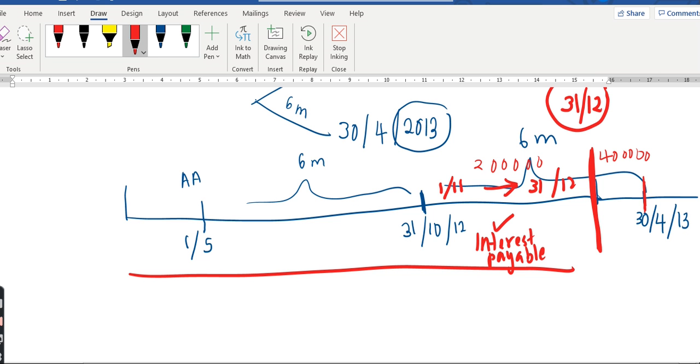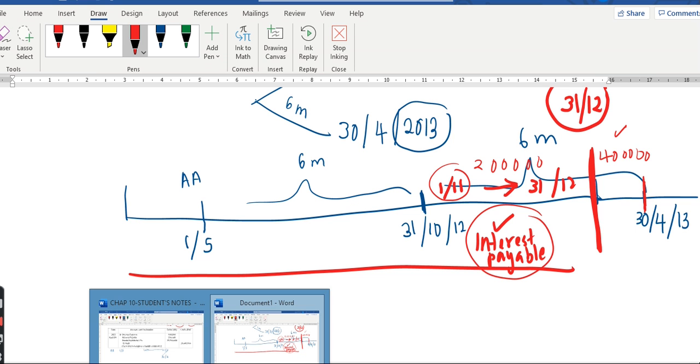That means you will be paying this 400,000, which is the interest expense for January until April, and you will also be paying the backdated interest, which is 2 months, for November until December. So this is your interest payable.